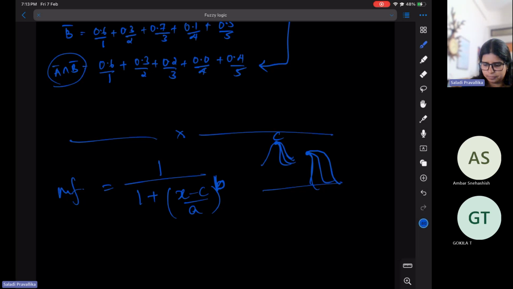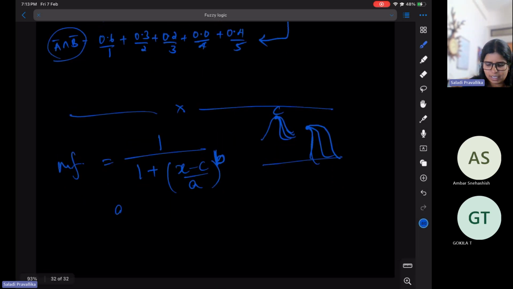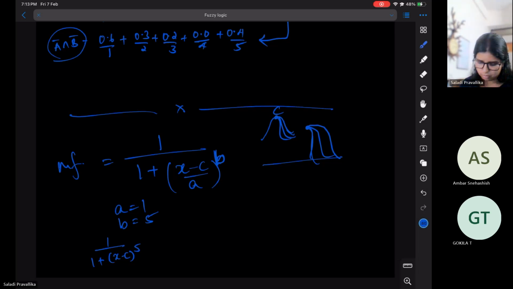Let us take an example. Let us just take A equal to 1, so that we'll just get it out of our system. And let us take B equal to 5: 1 by 1 plus x minus c power 5. Let us take if b is equal to 10, it is going to be 1 by 1 plus x minus c whole power 10.